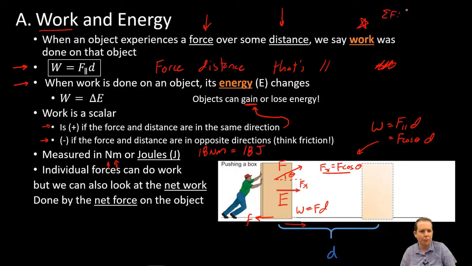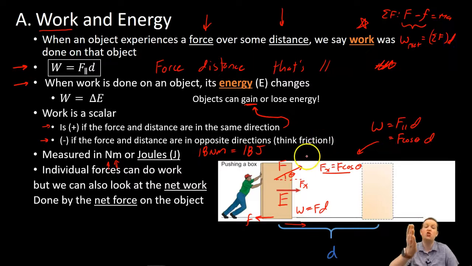There's this pushing force F minus friction, that equals ma. Well, this is the total amount of forces. The overall work, the net work, is equal to the net force multiplied by displacement. So you could almost zoom in to one force and find the work done by it, or zoom out and look at the overall amount of work.